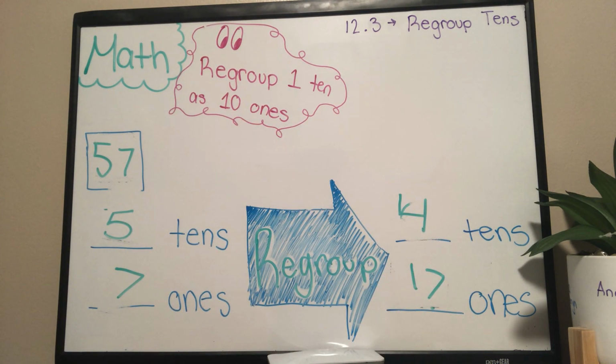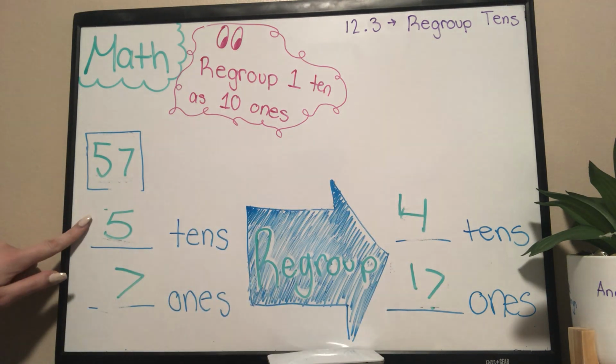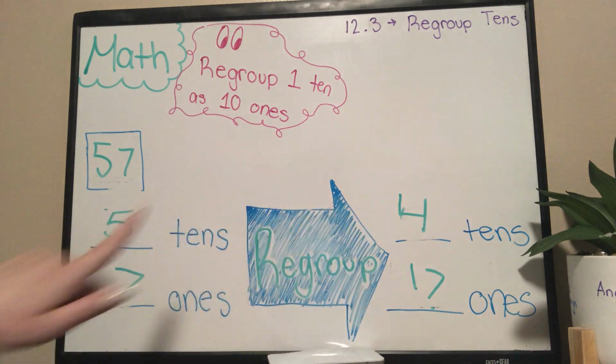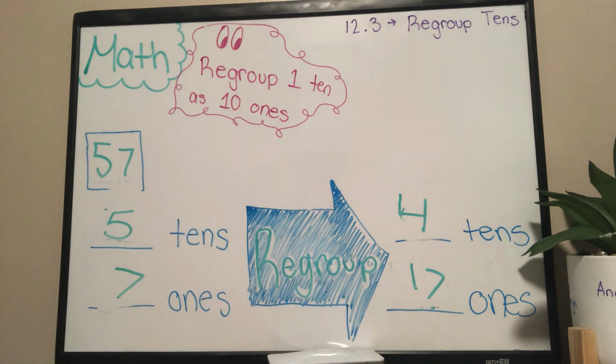Because remember, we're taking a 10 from up here to bring it down over here. 5 tens into 4 tens. 7 ones, and then remember 1 ten is 10 ones. We put that over here.